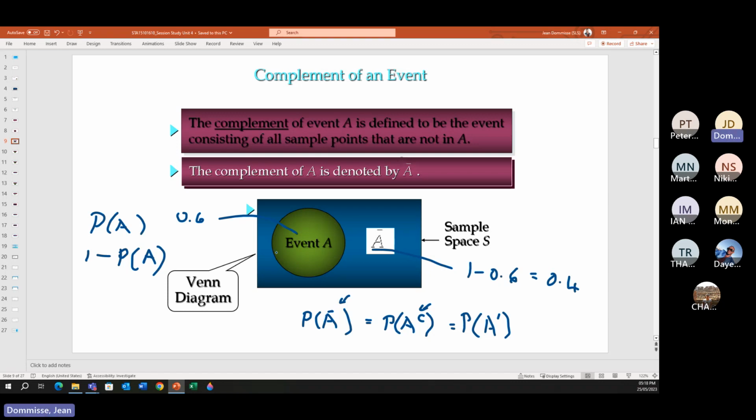And a simple example is, let's say the probability that the Stormers will win this weekend for rugby is 75%. Then the probability that they will not win it is 25%. So that is how it can be seen in a practical way.